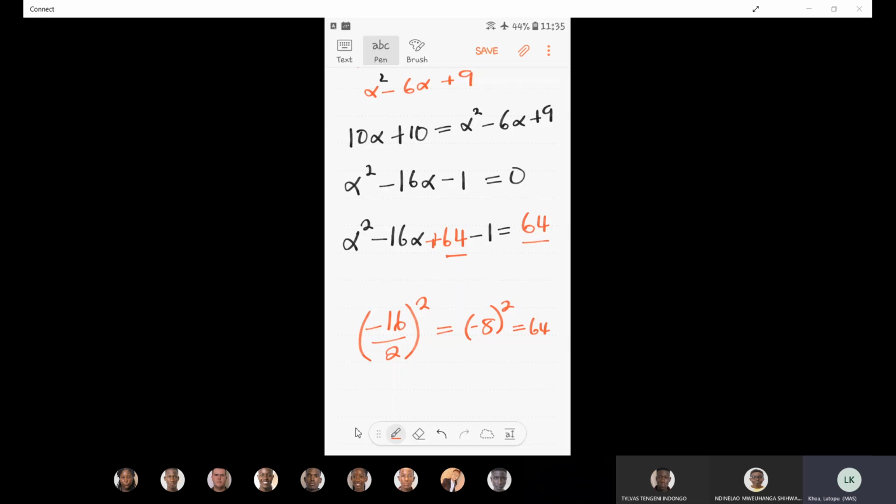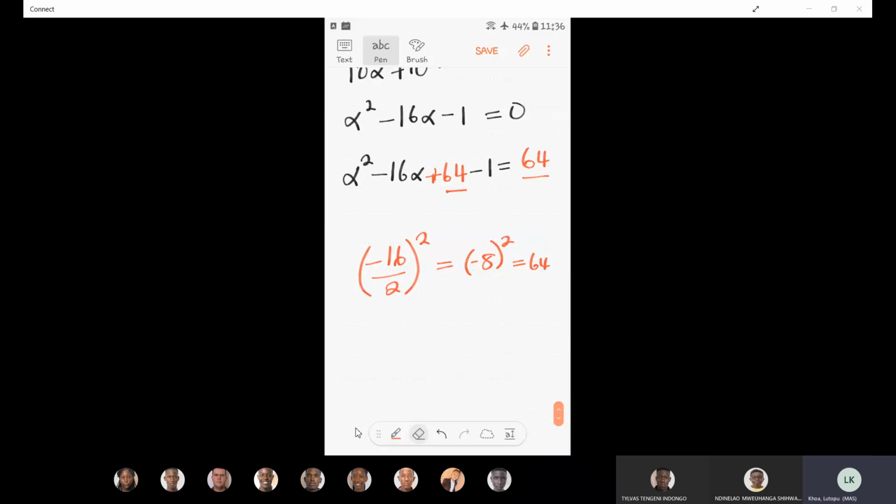Then now when you factorize it, this should be alpha, then you bracket alpha, then this term here, so it's -8, you square. This plus -1 should still be there, and this is equal to 64.